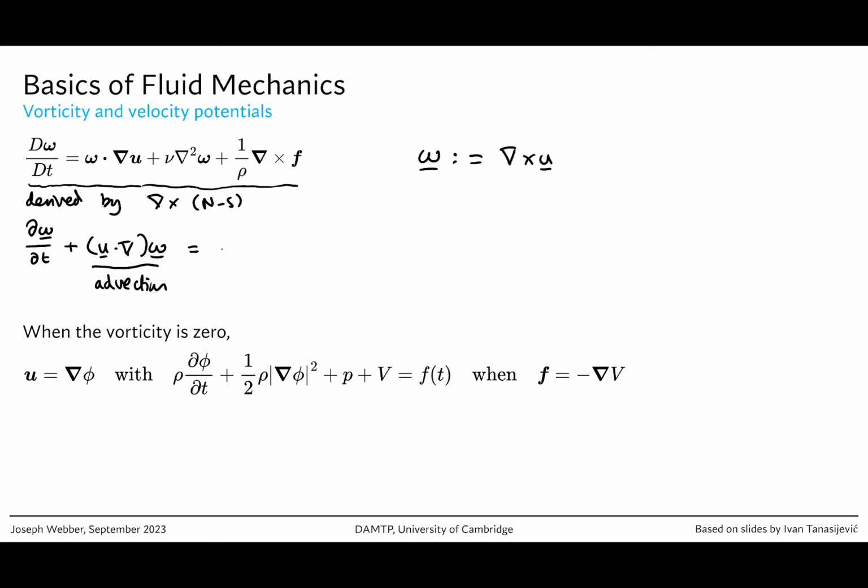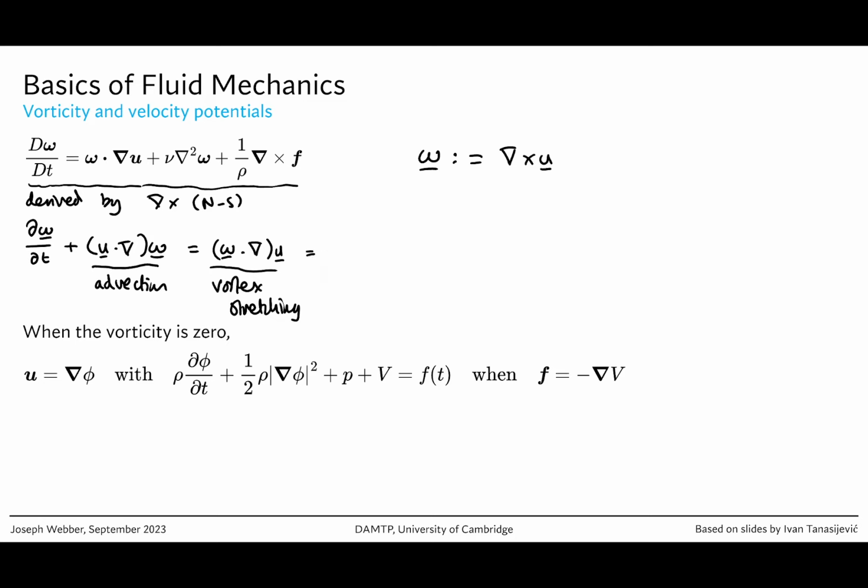There's also a term here called vortex stretching, which is a consequence of conservation of angular momentum, because in a hand-wavy sense, vorticity is just a measure of the rotation of a flow. It's more subtle than that, but that's a pretty hand-wavy description of it. So this thing here is called vortex stretching. Conservation of angular momentum.